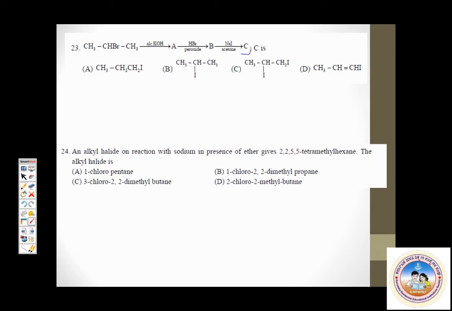Let's check it out. Let's look at the solution of this. So the starting reactant here is 2-bromopropane, CH3CHBrCH3. And this is made to react with alcoholic KOH. Remember, alcoholic KOH is a dehydrohalogenating reagent. This is a dehydrohalogenation reaction.